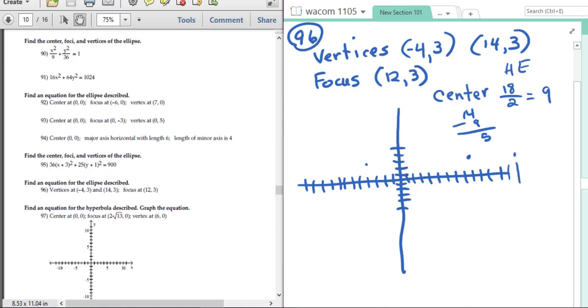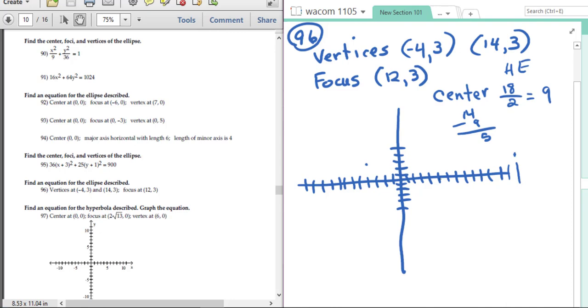So 12, 3. So 12 minus 5, this length is going to be 7. So C is going to be 7. And A is 9.